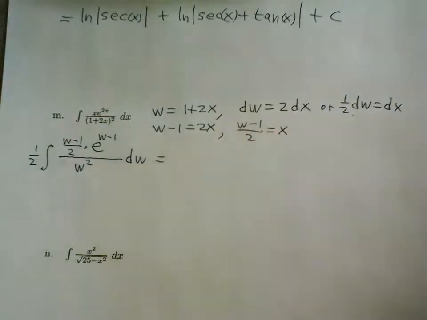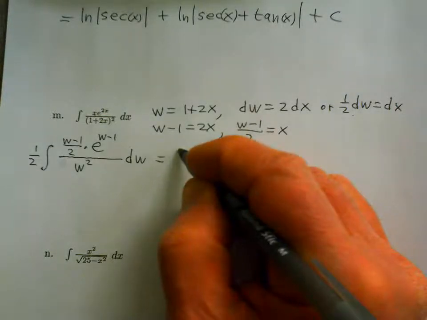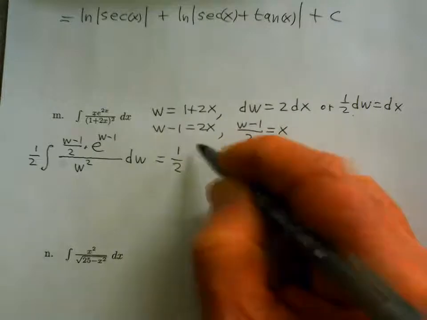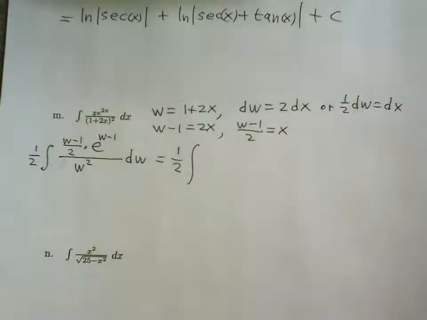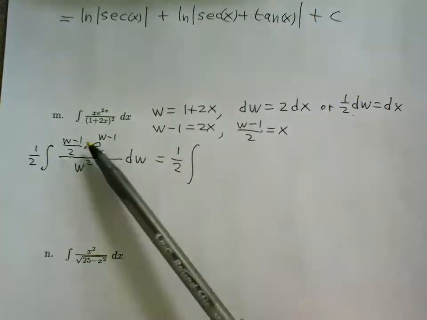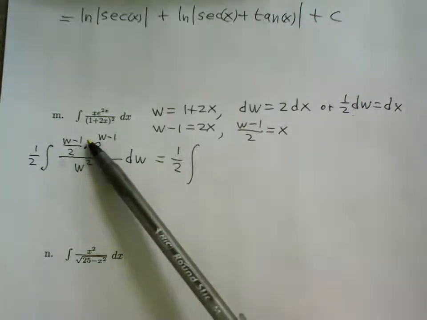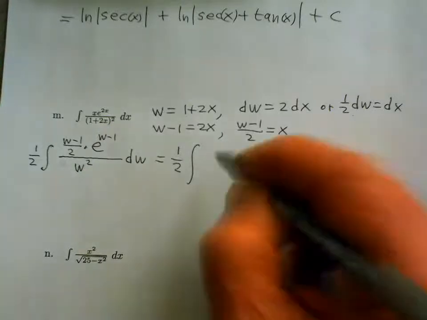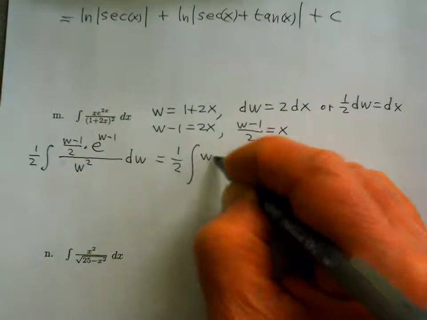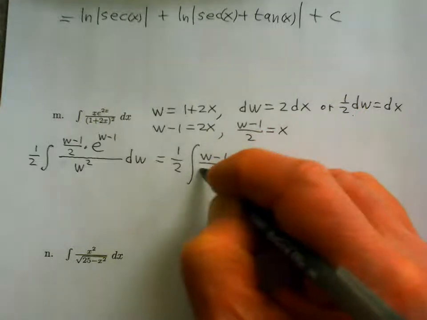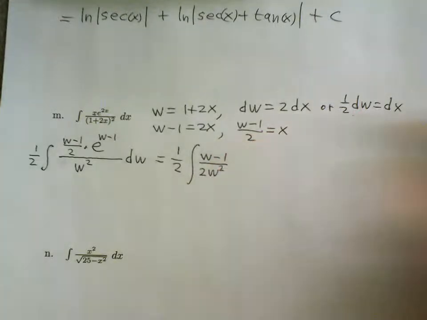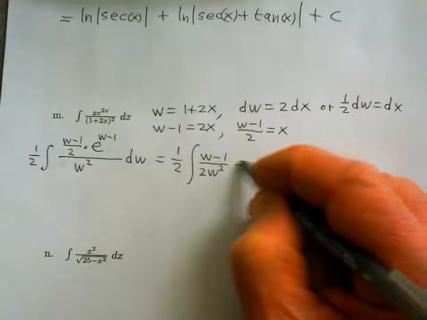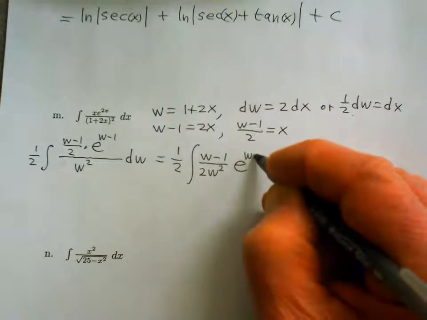I'll just take this one a step or two further. We're going to focus on simplifying w minus 1 over 2 divided by w to the second. That's not too hard. That's just w minus 1 over 2 w to the second, and then times e to the w minus 1.